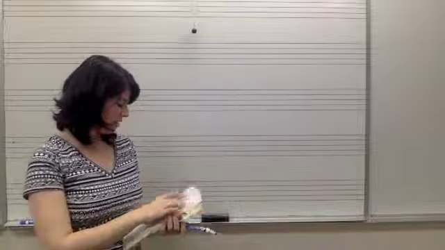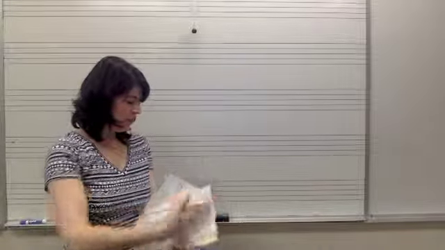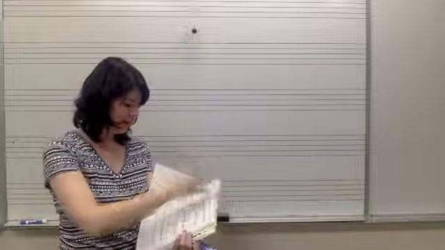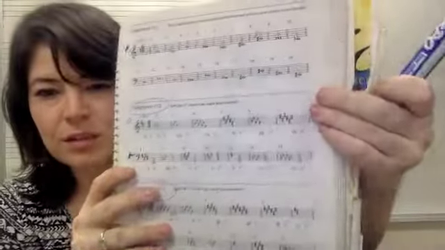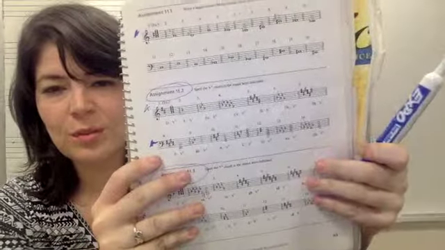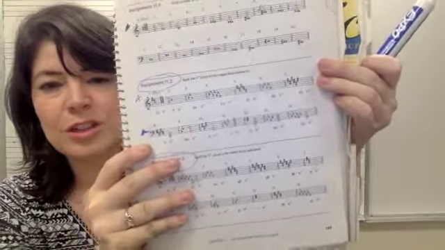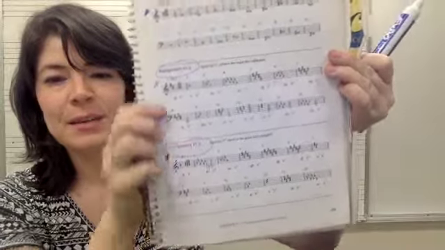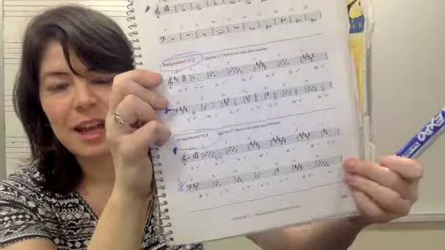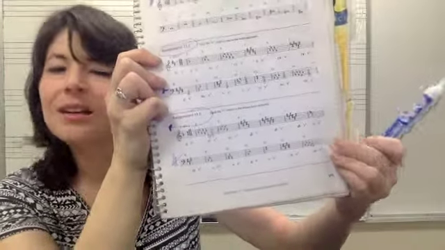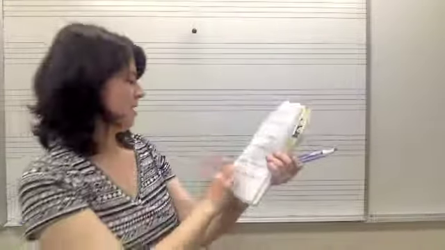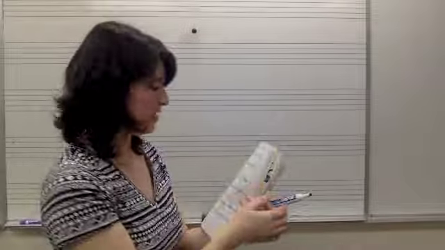In chapter 11, you are going to be required to do assignment 11.2 and 11.3. 11.2, you're just going to do 1 through 7, and then I'm going to have you skip down. And to get some more bass clef practice, I'm going to have you do 8 through 14 on 11.3.